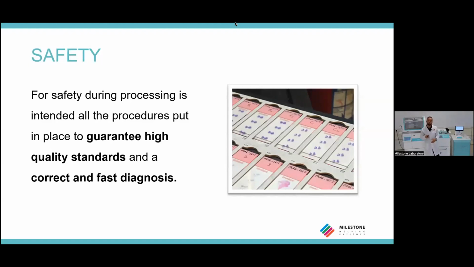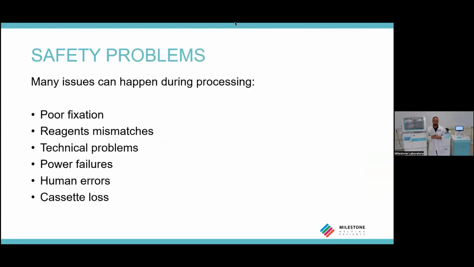So, in order to achieve a high level of safety, operators, as you certainly know, must face several issues during processing, such as poor fixation due to wrong fixative timing, and reagent mismatch. For example, while cleaning tanks, there could be a switch causing an error during loading of reagents.